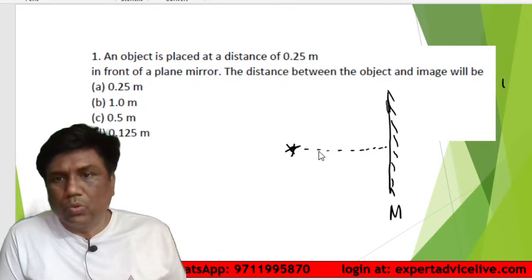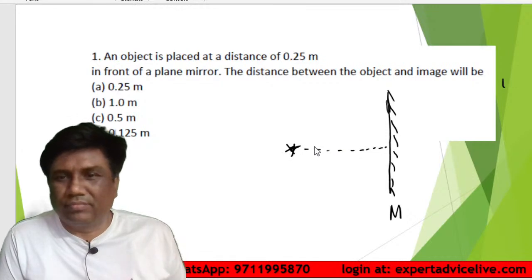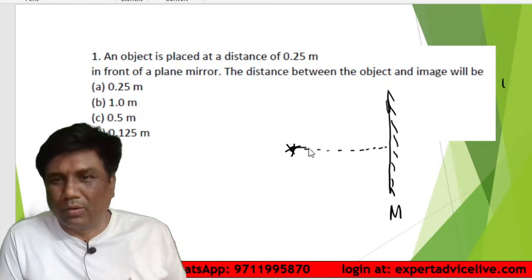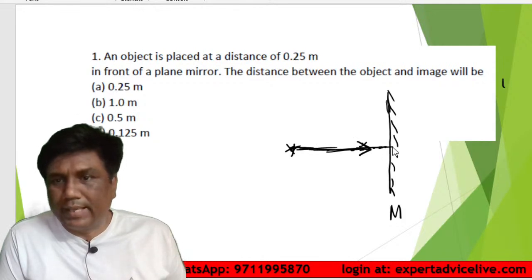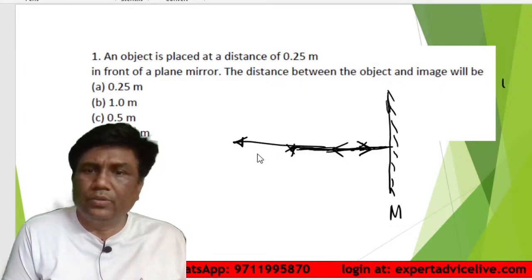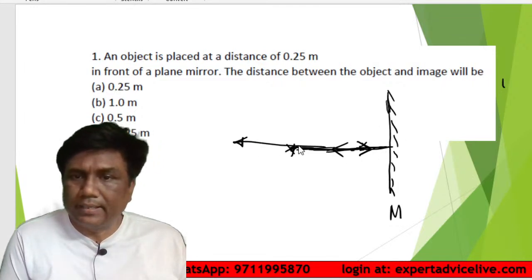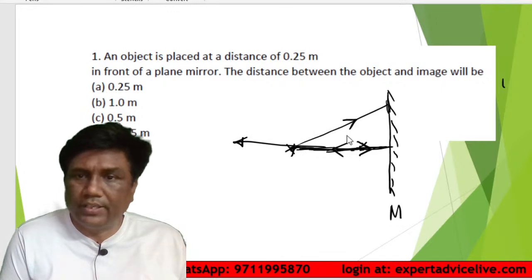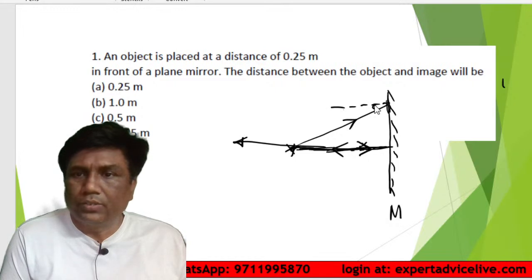You can take thousands of rays, no problem, but only 2 rays are sufficient to draw the ray diagram. Say one ray is falling normally, so the angle of incidence will be 0. As the angle of incidence is 0, it will retrace its path, because the angle of reflection is also 0. And take another ray going in this direction, so this will be the incident angle. The incident angle and reflected angle are the same, so it will go away.